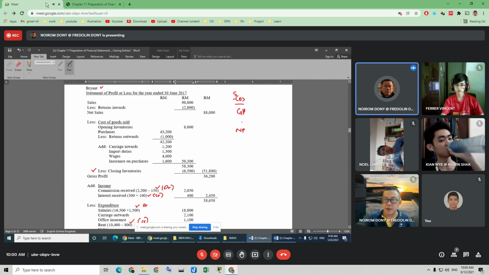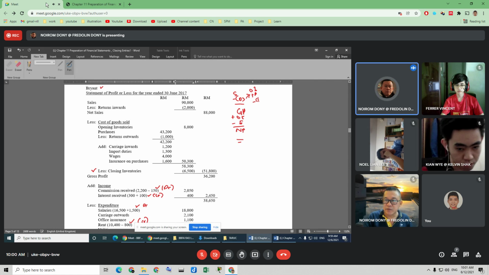This is how I remember. Gross profit plus other income less expenses, then you get net profit. But remember the general formula for cost of sales: opening inventory plus purchases less closing inventory.